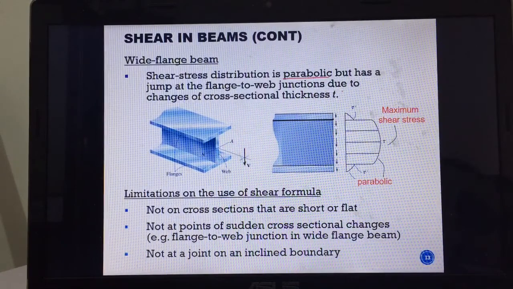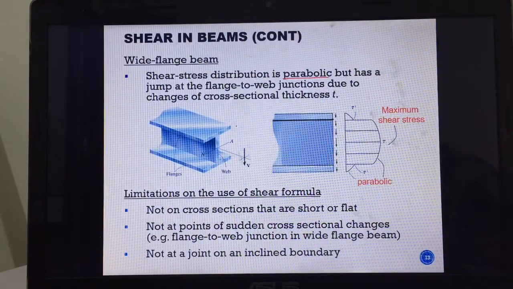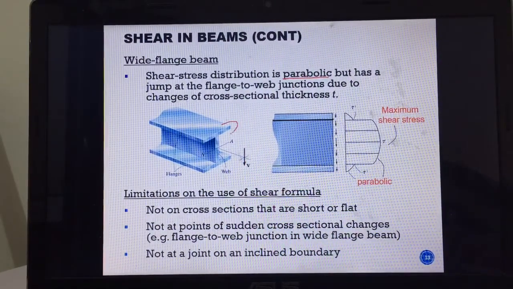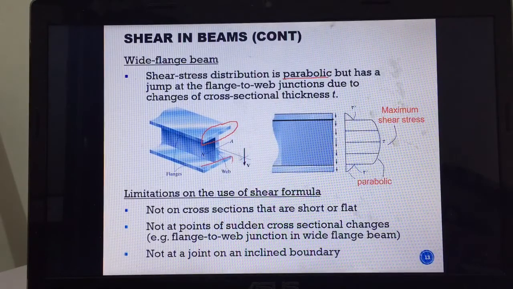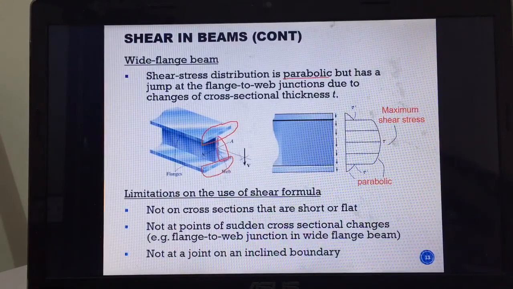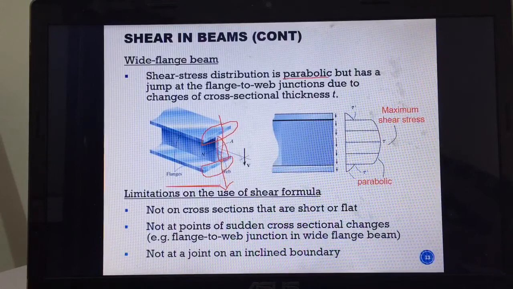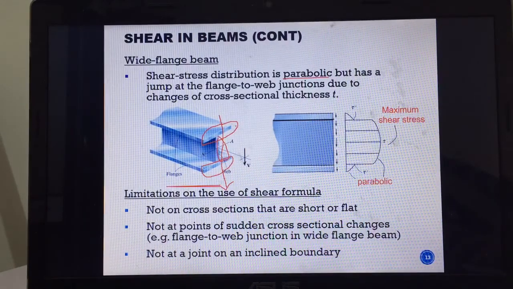But there is a problem. When you have this kind of wide flange beam, you have the top flange, the bottom flange, and in the middle the web. If you have V going down like that, from the top flange there is a sudden change of the cross section. The thickness t suddenly changes from very large to quite narrow at the web.